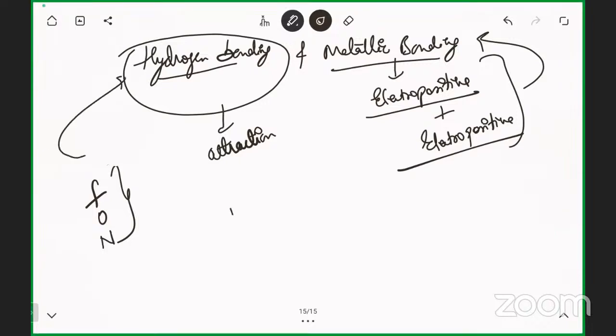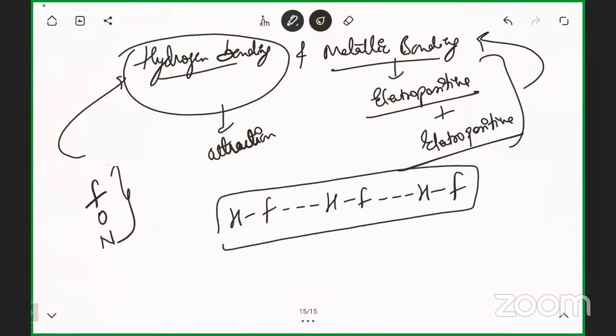For example, the HF molecule, another HF molecule, another HF molecule. This hydrogen will attract that fluorine, and this sort of bonding is known as hydrogen bonding. We'll go for the types also, but to recognize whether a compound shows hydrogen bonding, you can use FON: fluorine, oxygen, and nitrogen.